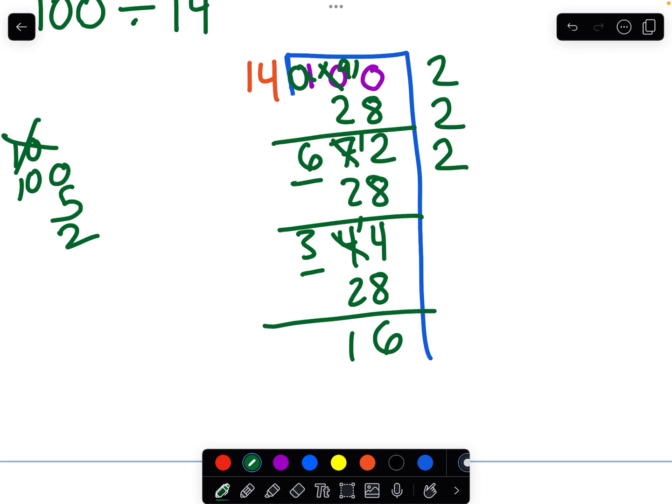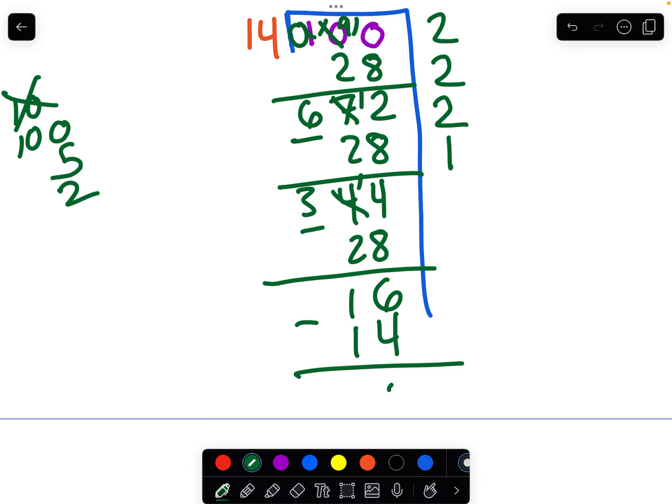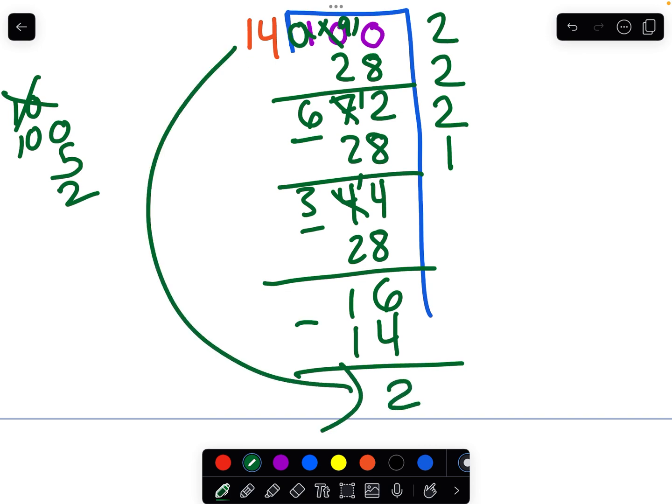Okay, so now I'm at 16. I know I'm very close. And I know 14 can go into 16 one time. 14 times 1 is 14. And now I'm left with 2, but 14 cannot go into 2.